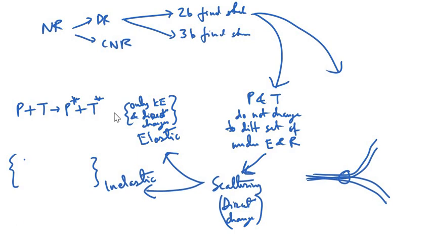See here, what I haven't talked about is whether the total kinetic energy changes. Total kinetic energy remains the same before and after the collision in the case of elastic scattering. However, the total kinetic energy can change or not.